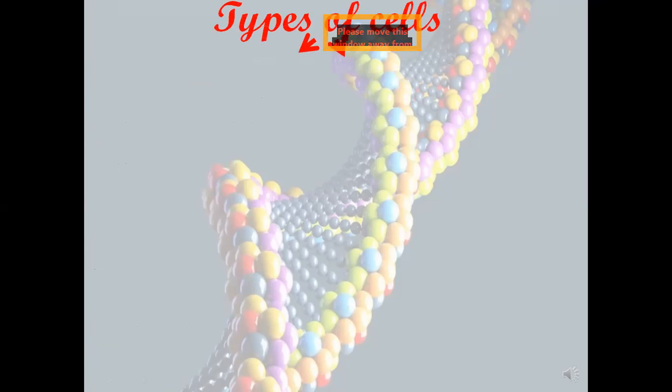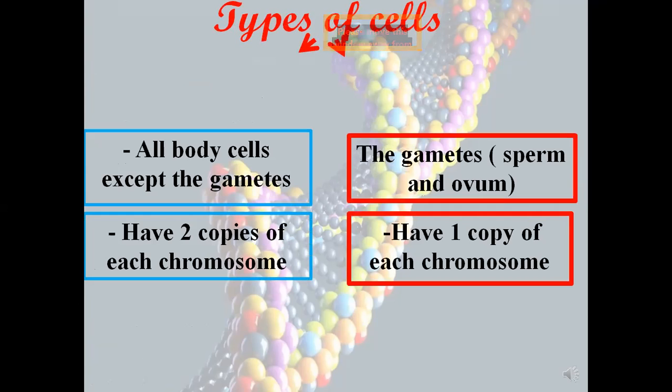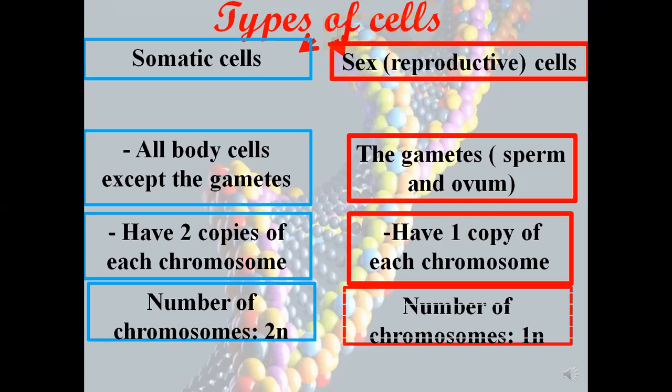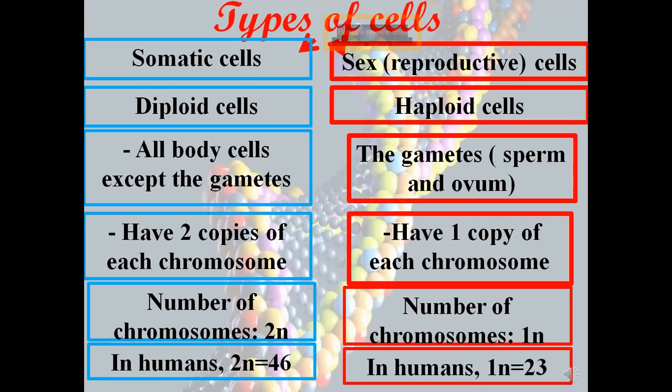Before we move on, we have to talk about the different types of cells in our body. We have two important types of cells: somatic cells and sex cells, or reproductive cells.